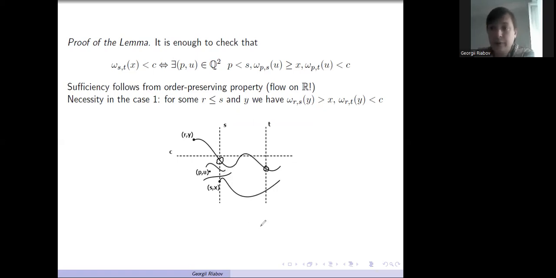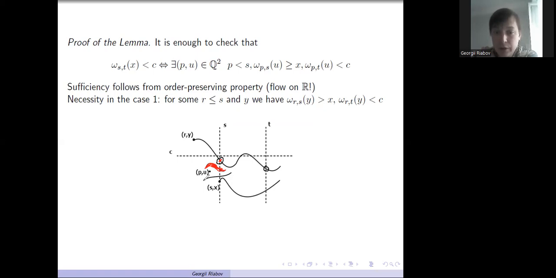Since we have the denseness of the past, we can find a trajectory that was between x and this point.